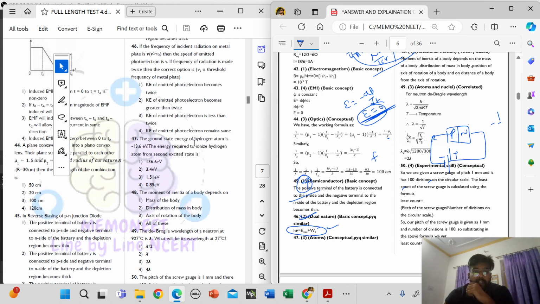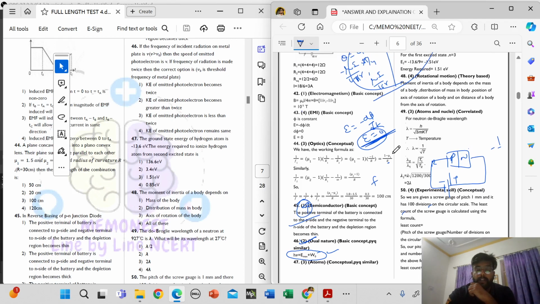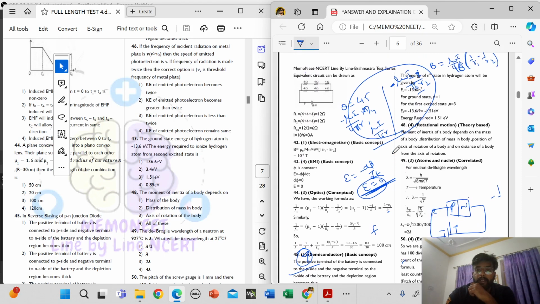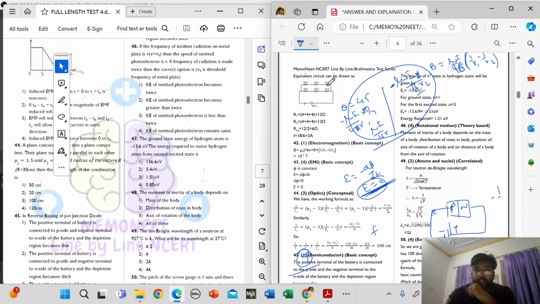Question number 47. The ground state energy of the hydrogen atom is minus 13.6 eV. What is the energy required to ionize the hydrogen atom from the second excited state?